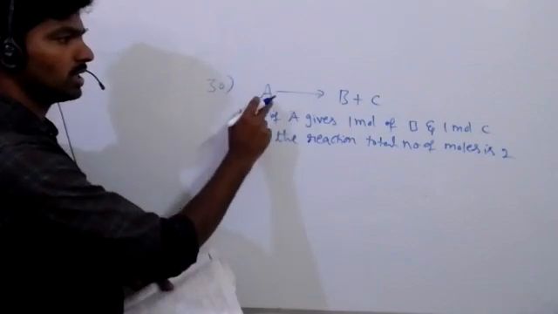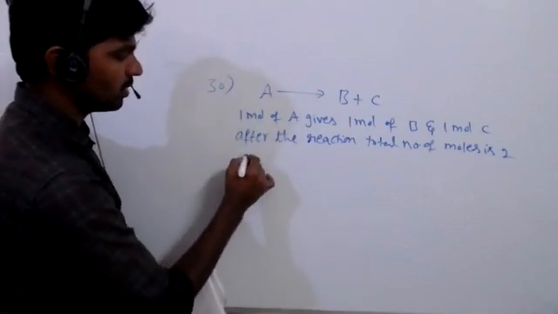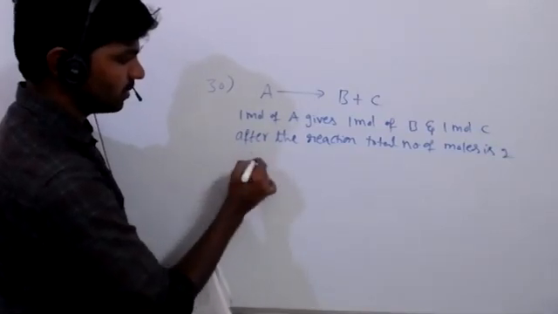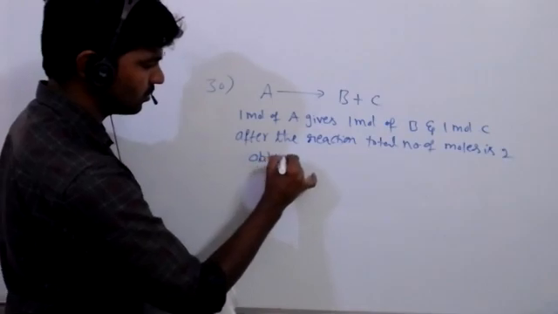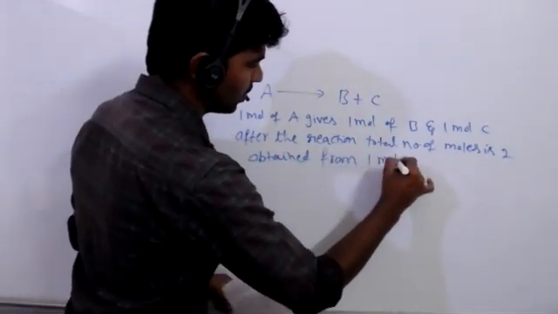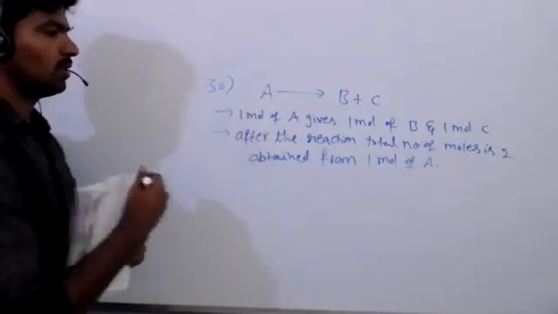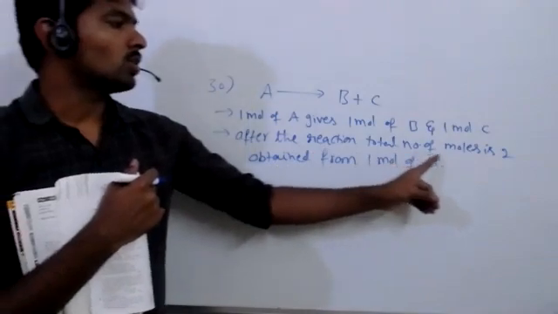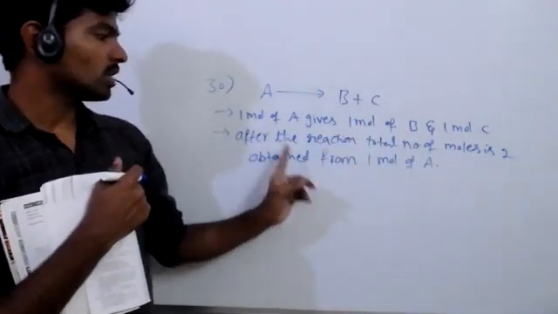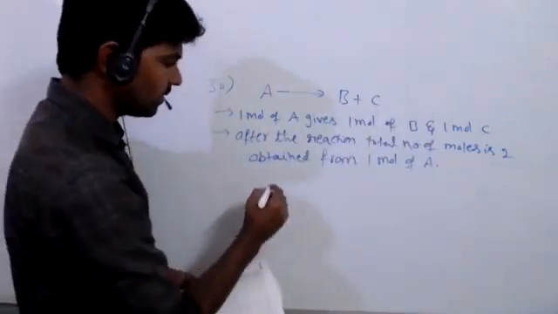That is only the initial concentration of A, obtained from 1 mole of A. Is it clear now? After the reaction, the total number of moles is only 2 because of this 1 mole, and this is also 1 mole, produced from 1 mole of A. Now the total pressure is 180.